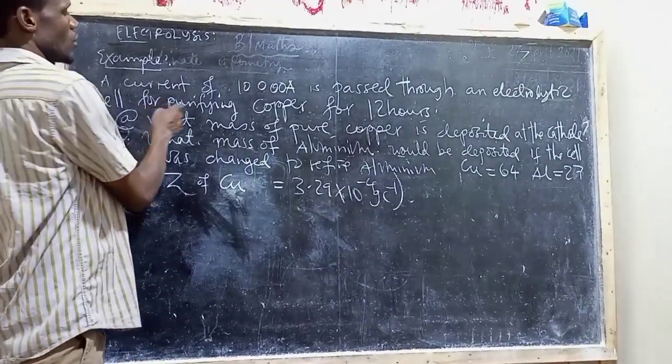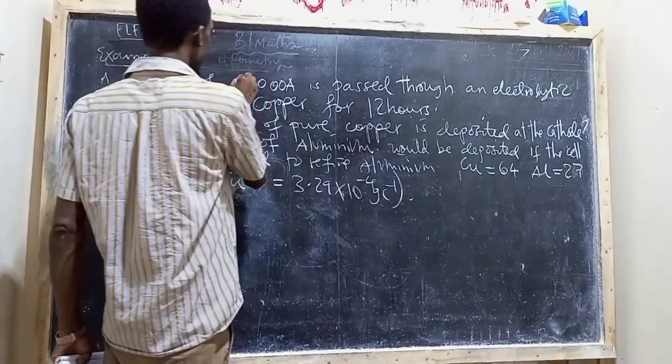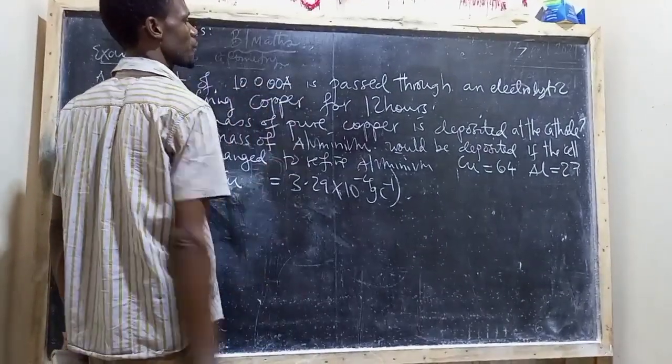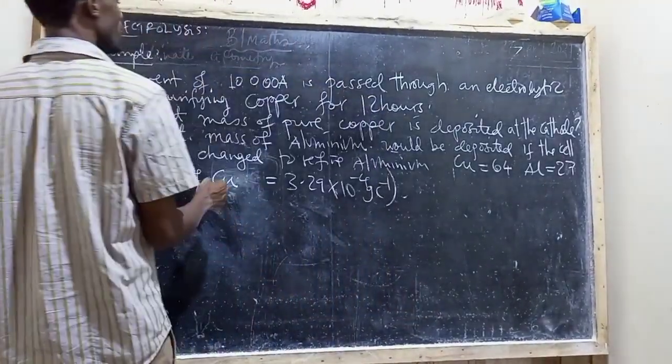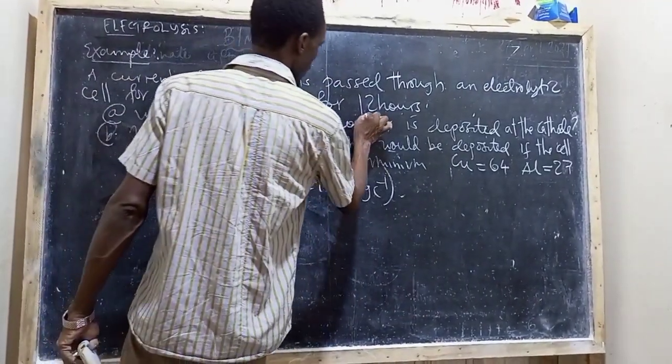A current of 10,000 amperes is passed through an electrolytic cell for purifying copper for 12 hours.